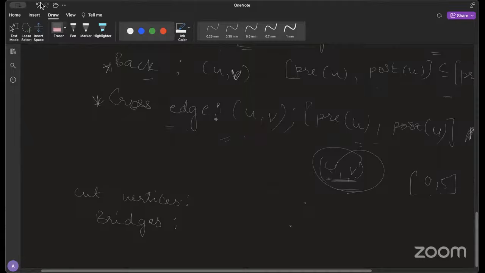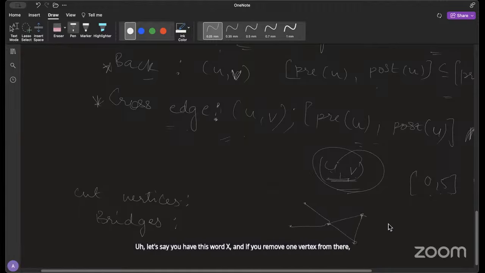Yeah. So cut vertices are the vertices that make your graph disconnected. Let's say you have this vertex, and if this vertex is removed, then your graph becomes disconnected. That's called the cut vertex.